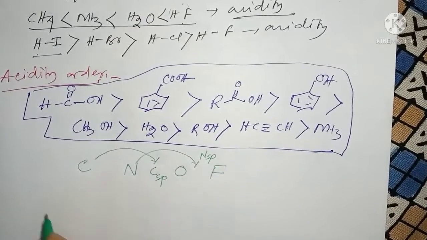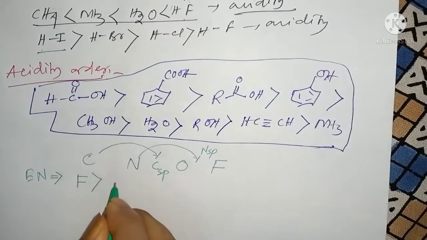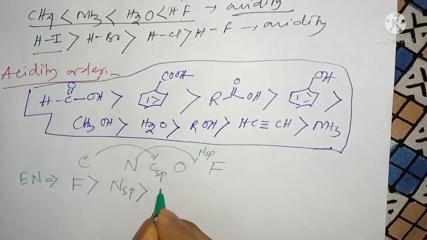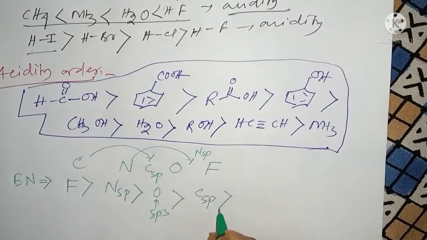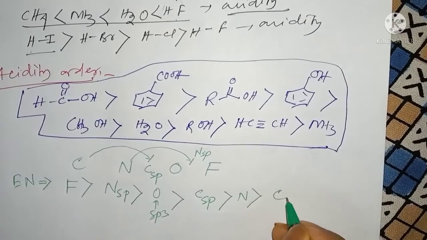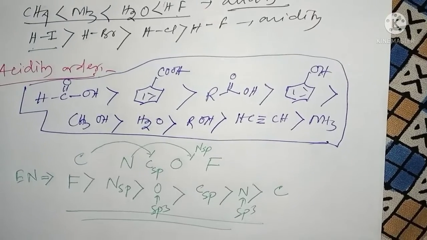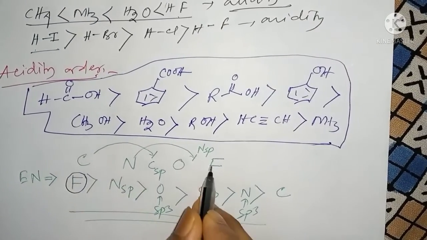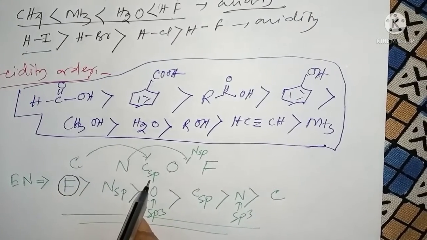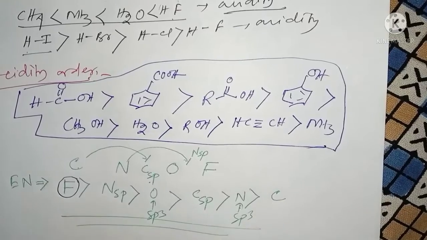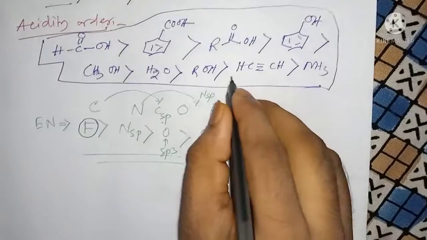This is the electronegativity order: fluorine greater than nitrogen sp, greater than oxygen sp3, greater than carbon sp, greater than nitrogen sp3, greater than carbon sp3. Remember this thing.